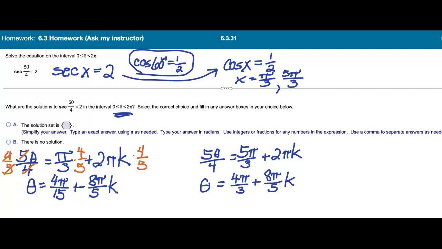So all I want is just answers in that interval. So if I replace k with 0, what I end up with as two of my answers are 4 pi over 15 and 4 pi over 3. Okay, so I'm going to just go ahead and jot those two down. So replacing k with 0, one of my answers is 4 pi over 15. And over here, another answer is 4 pi over 3.